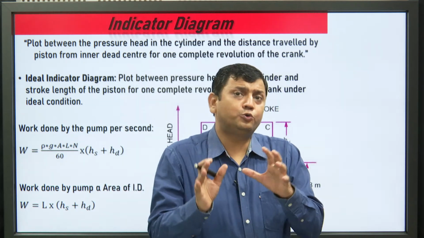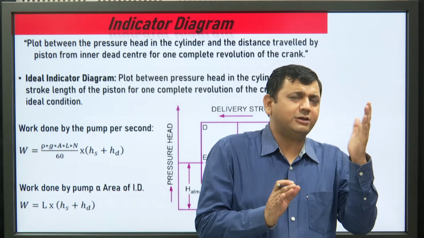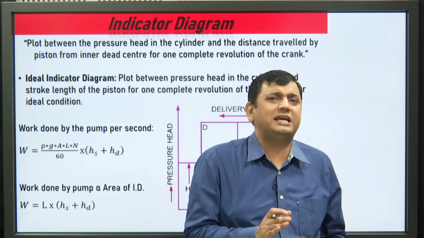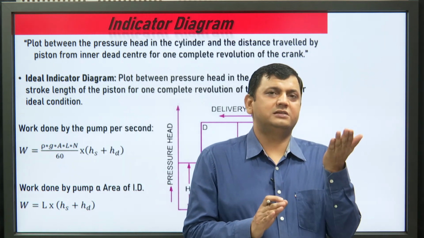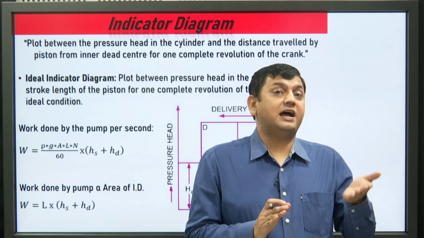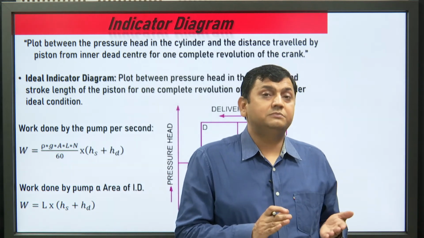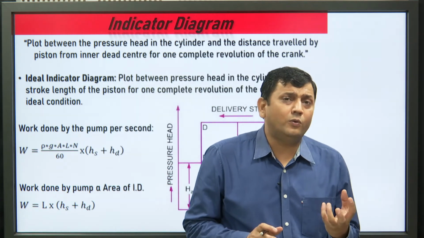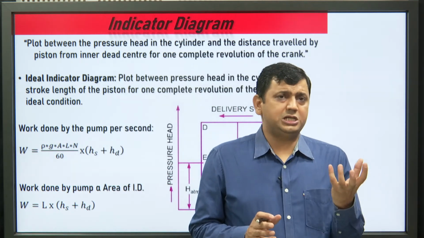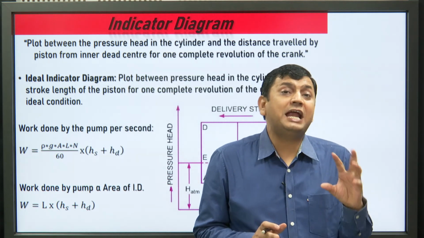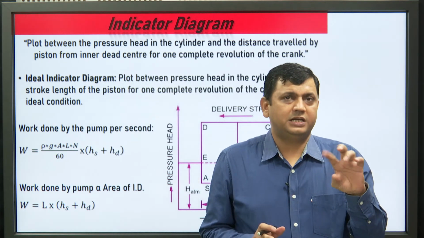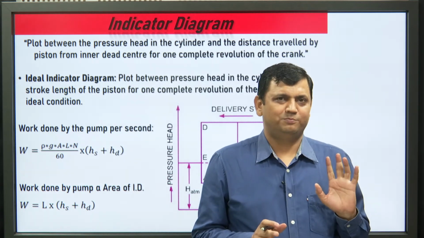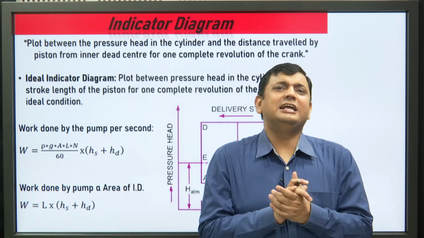Due to this acceleration there is a fluctuation of the water being lifted from the sump. So by the ideal indicator diagram we can know the exact situation of the different effects, due to friction and due to acceleration, by simply drawing the indicator diagram.